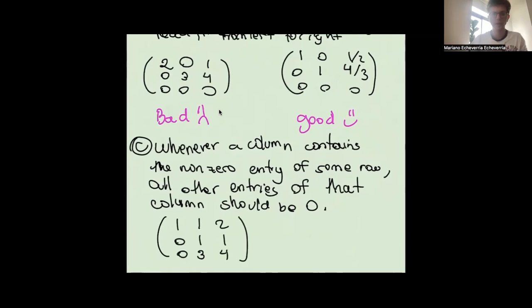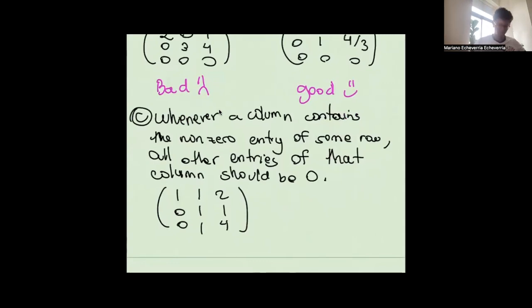Okay, imagine your matrix now looks like this. So what's going on here? This row starts with a 1, so that's good. This row starts with a 1, so that's good. This row starts with a 1, so that's good.